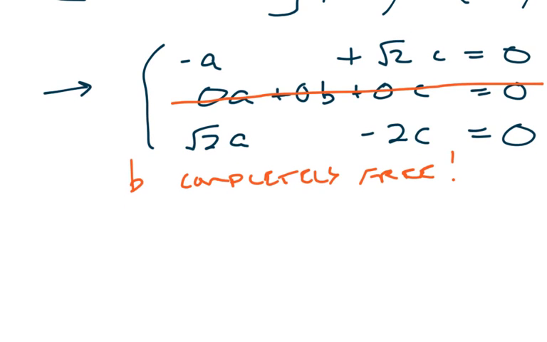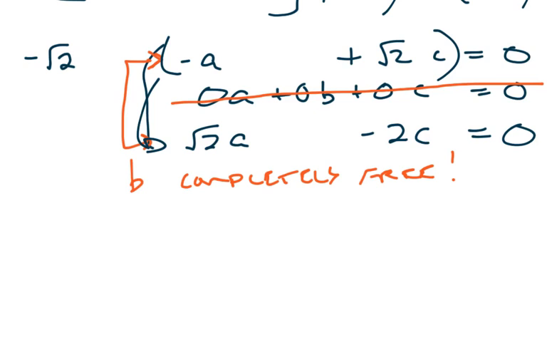The other thing I want you to notice is that these two equations are actually redundant. They say exactly the same thing. So to see this, for instance, multiply this first equation by -√2, and you will turn it into this second equation. All right?